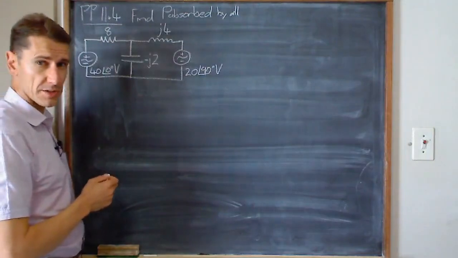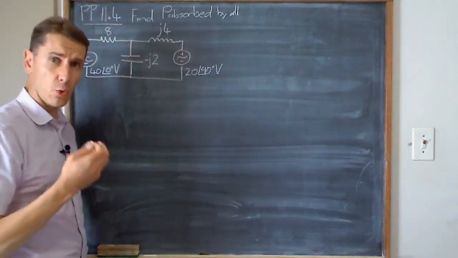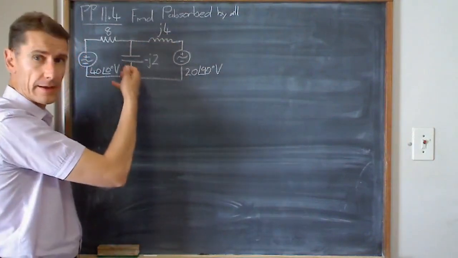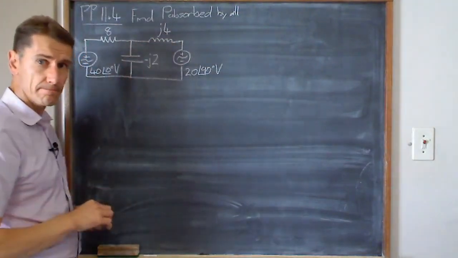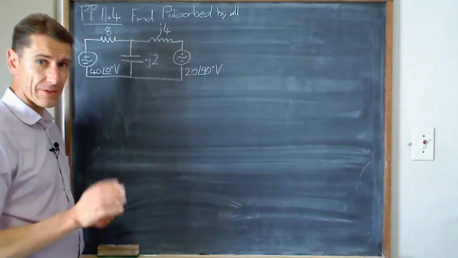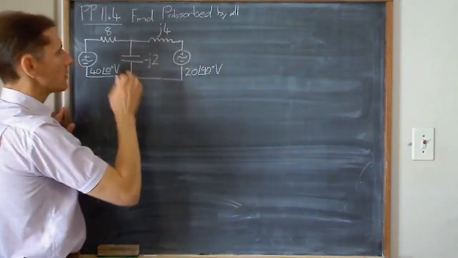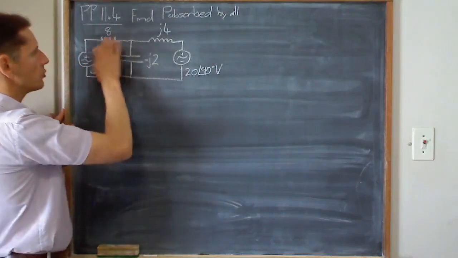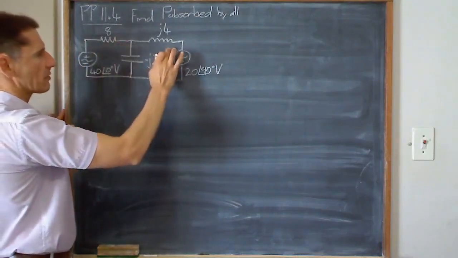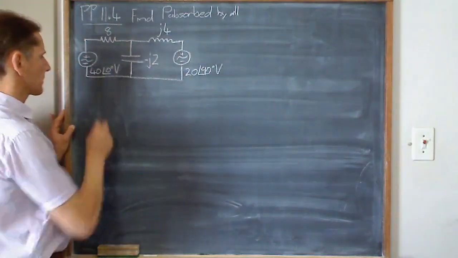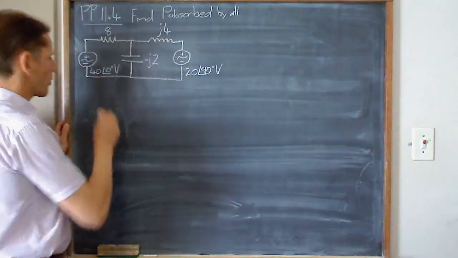Can you remember from last time how much active or real or average power is consumed by an inductor and a capacitor? Zero, hey? Nothing. So you don't have to calculate anything for these two, but we still need the current through these two elements, and we'll need the current through the 20 volt source in order to calculate that power. So let's start with where we want to end.